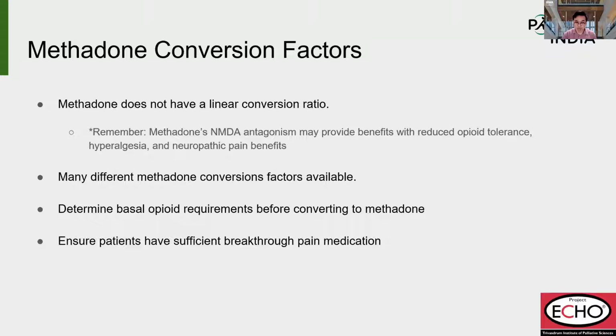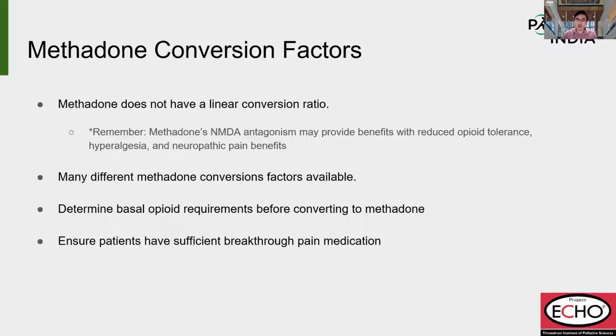It has similar mechanisms of action to SNRIs and TCAs, with the impacts on serotonin and norepinephrine, which may contribute to neuropathic pain components. And then the biggest thing is this NMDA antagonism, where it may help with opioid tolerance if patients are having hyperalgesia, and also provide management of neuropathic pain.